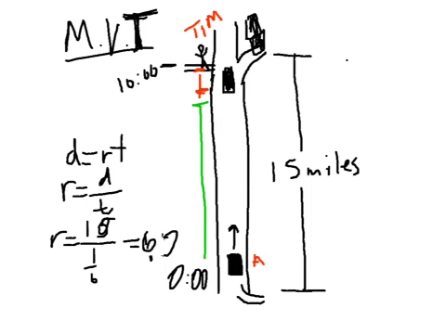Let's see if I can make that a little clearer. So now he did the math. He now knows that, or it's been clarified that, Alfred's average speed was exactly 90 miles per hour.